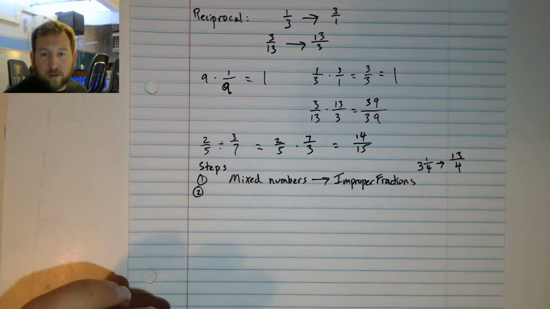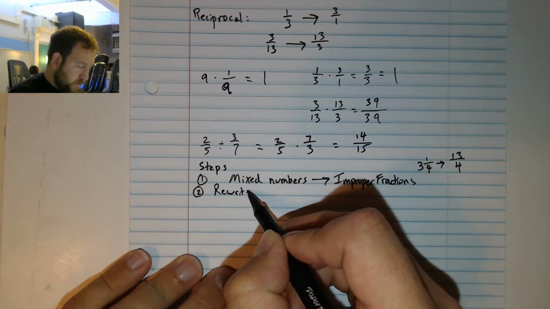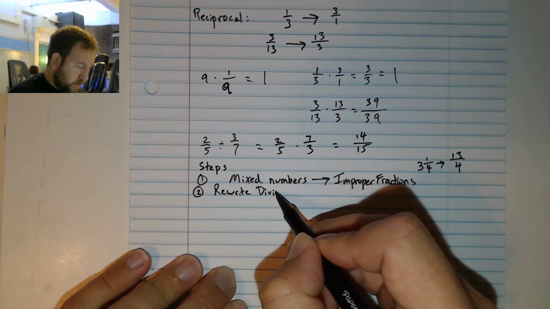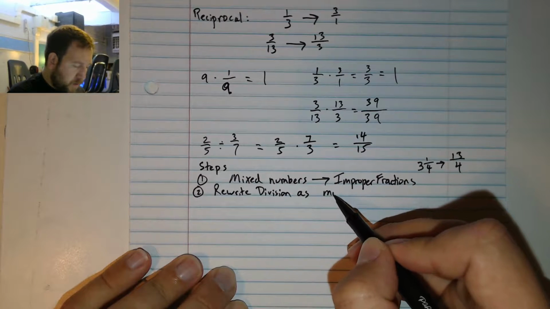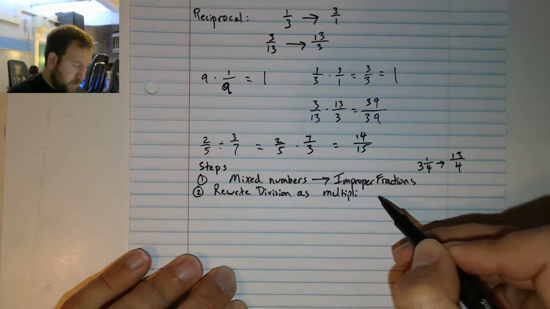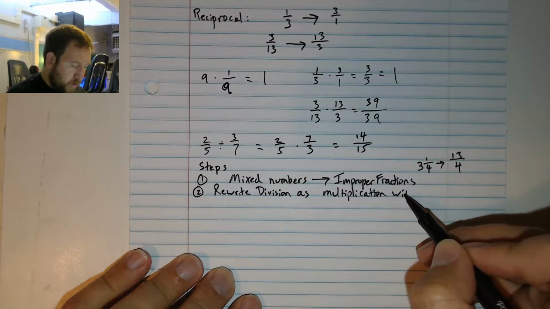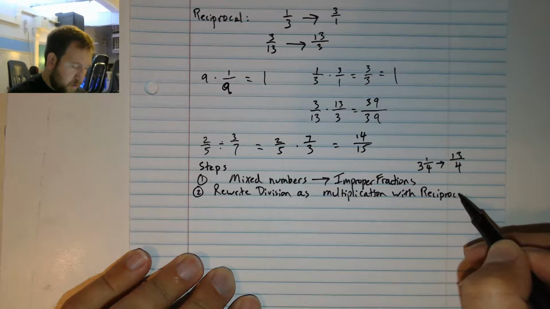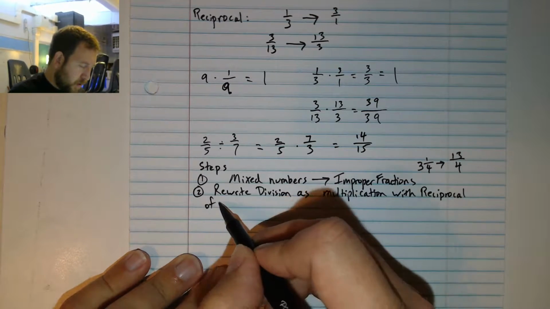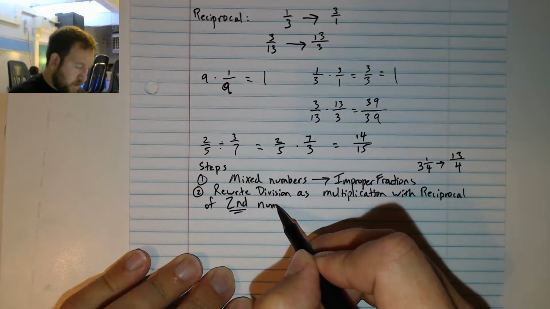Number 2, rewrite division as multiplication with the reciprocal of the second, only the second, number.